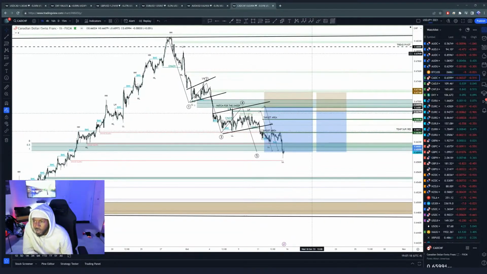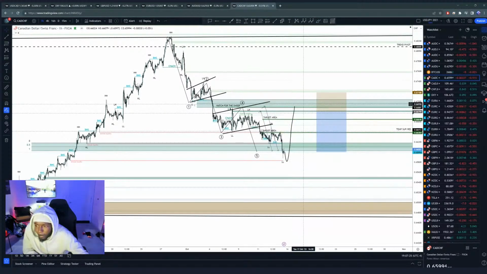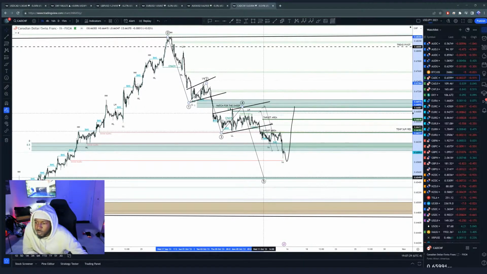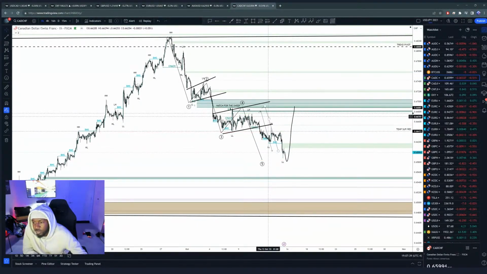So if this is going to be five at the most, we could drop, take liquidity, and then go up for that retracement, or we would form five down here, and then we would look for the buy to be here. Either way, it should be a pretty nice buy sometime soon. So we've already broken this level, so we can take it off. But the buy should be coming regardless, just off of the wave structure.